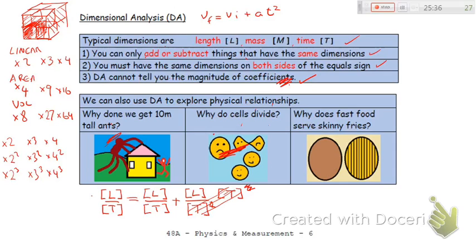If I make this spider 100 times bigger, 100 times taller, 100 times wider, 100 times deeper, I've made it 10,000 times, 10 to the 4, stronger. But I've made it 1,000,000 times heavier. So it's stronger, but it's much heavier.